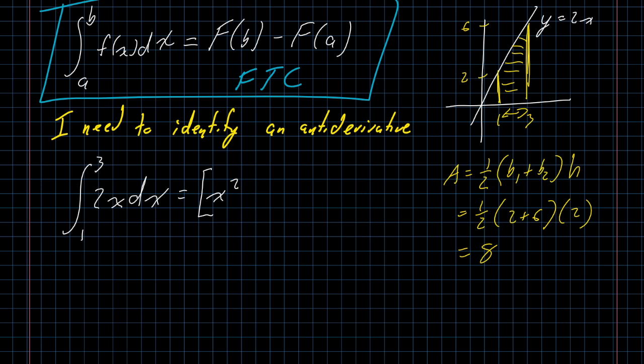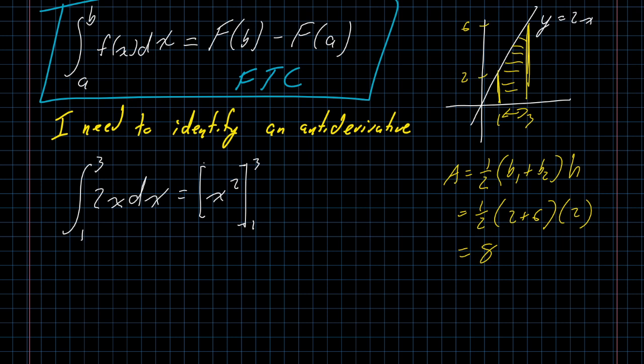The standard notation is to write down your antiderivative, write down a vertical bar, and put the limits of integration at the top and bottom. I find that that is a little bit messy, especially in some expressions where the integral isn't the only thing that you're dealing with. So instead, what I do is I surround the entire antiderivative with square brackets to make sure that I don't lose anything.